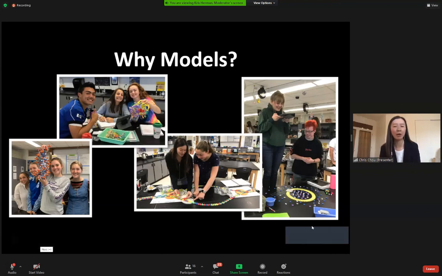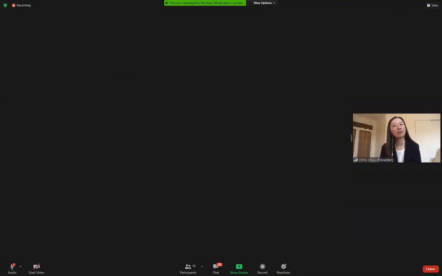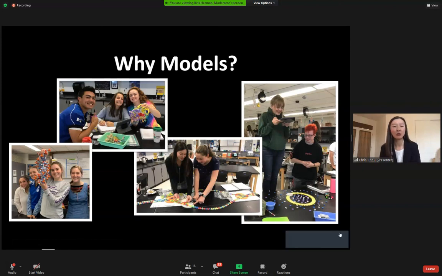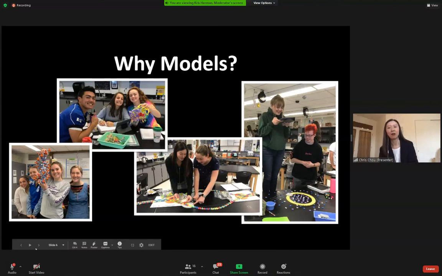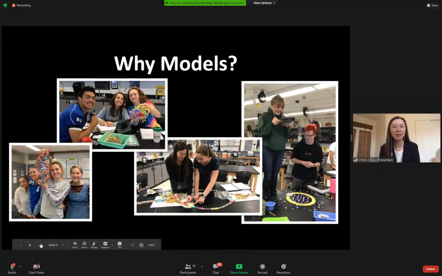There's a power in communicating with your group members and eliciting your ideas. We also spend time with these models looking at what's useful about them, but what are some limitations? They also do a little bit of design thinking of how we could modify this model to represent better the scale of some of these processes, so that it shows better what's truly involved in these really complex processes. Okay, so next slide.